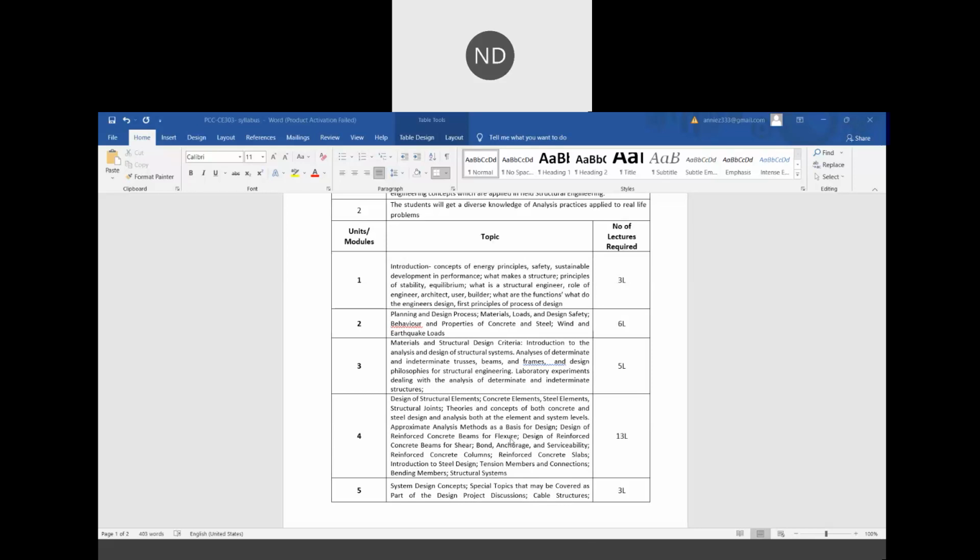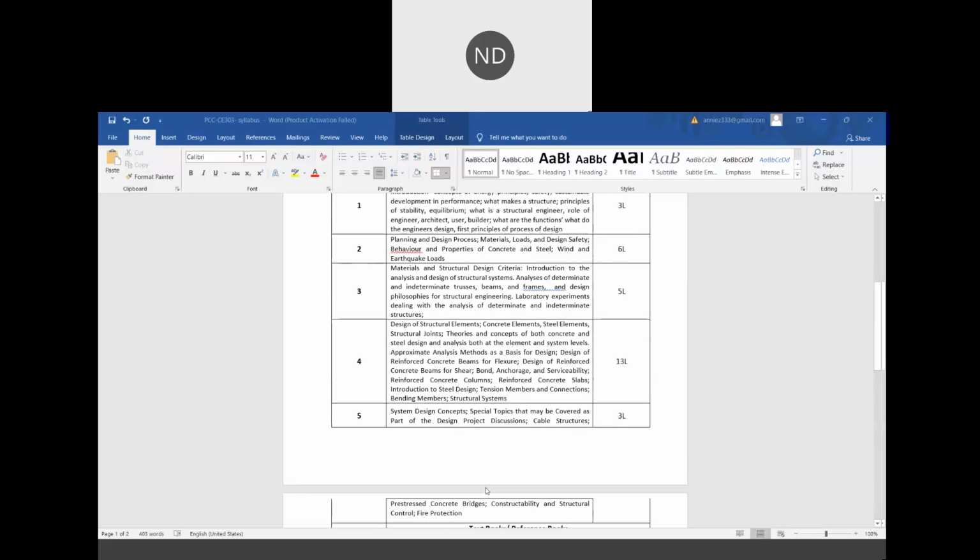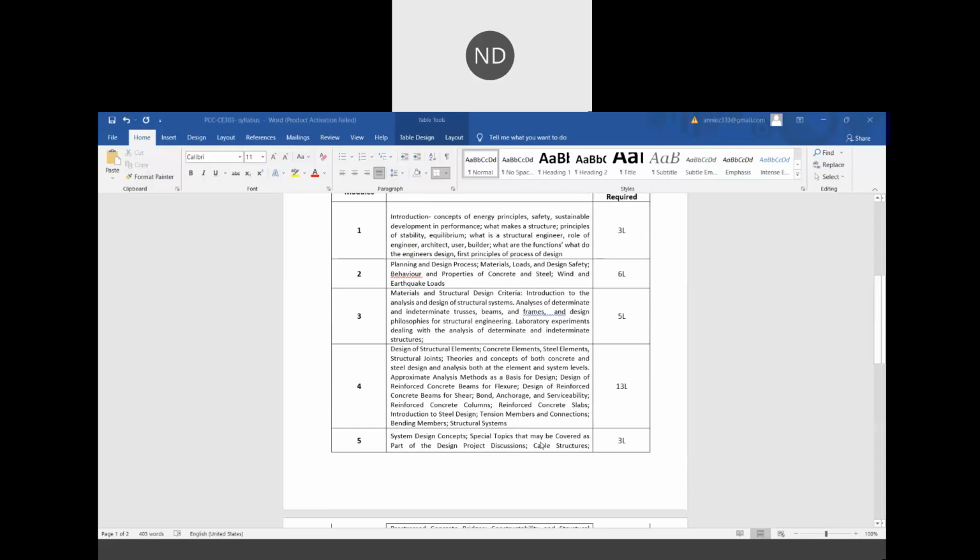So let's see how shortly we can go and discuss all those designs of different beams, columns, etc. RCC structures. Fifth is your special topics that may be covered as part of design. Basically, the most important ones are three and four.